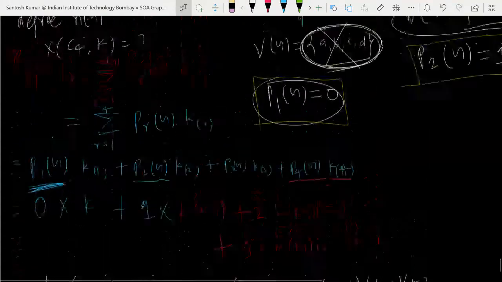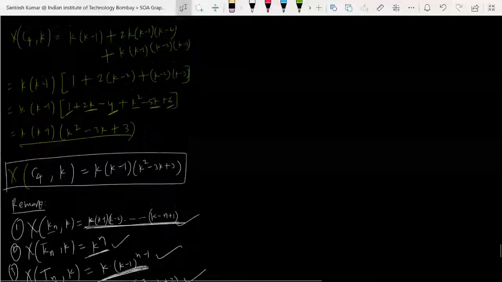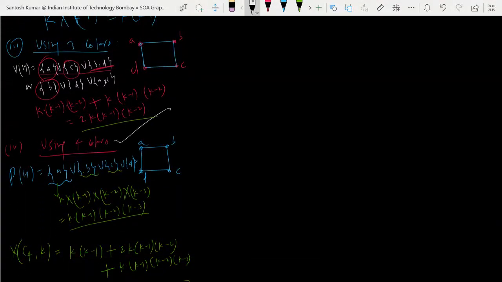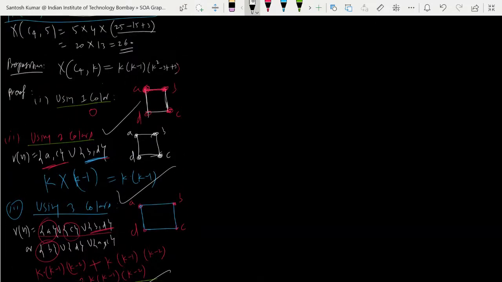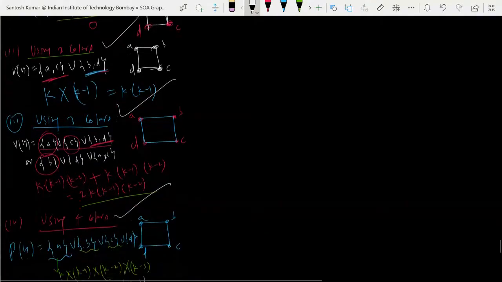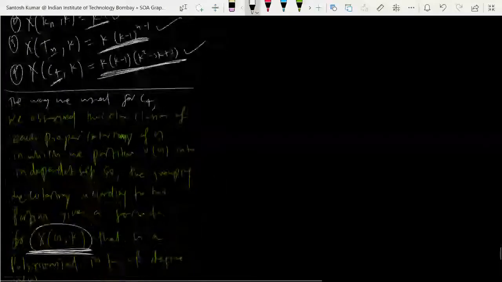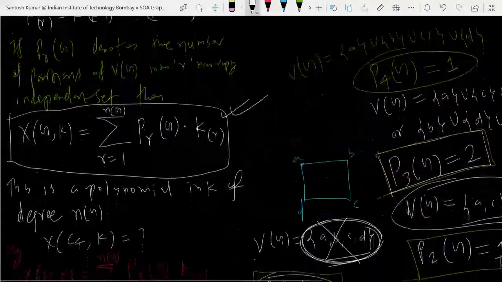So I tried C4 using this expression. That is the same thing we did here using 4 colors. I was actually finding P4 here using 3 colors. I was finding P3, P2, P1, and then the number of possible K_r. This was the same thing I was doing there. Only here the new thing is P_r and K_r.